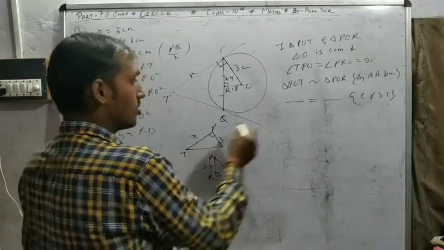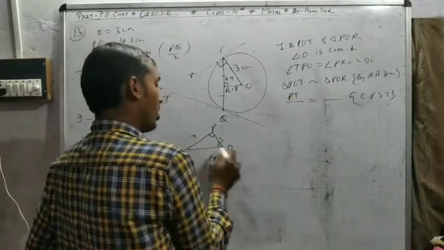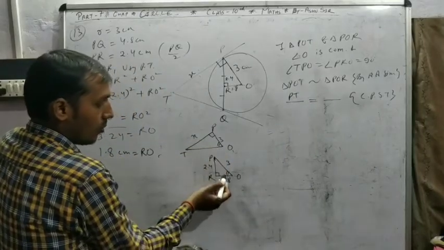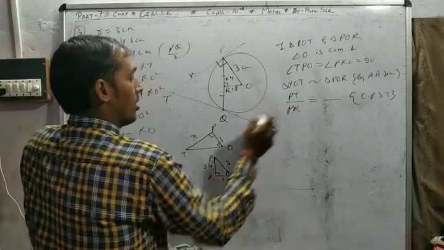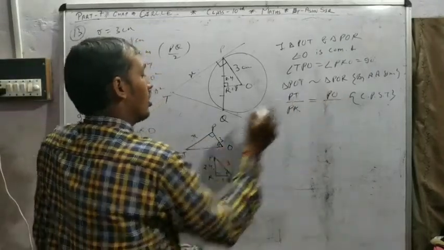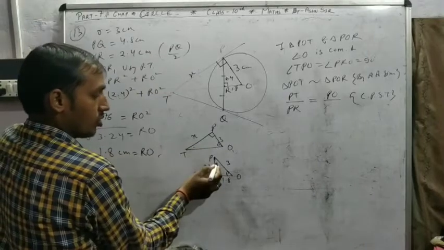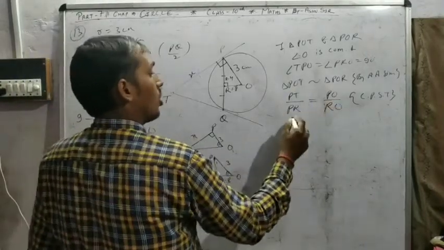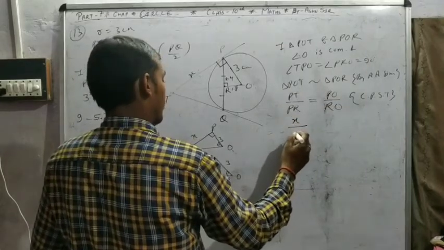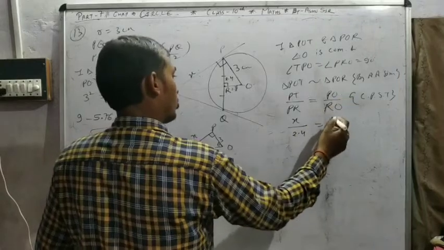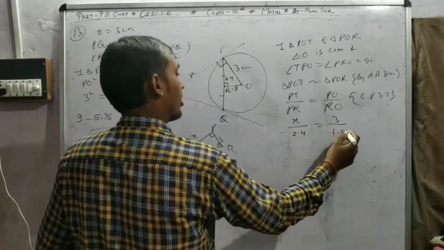If we take PT, because we want PT, for the first triangle, the common angle is opposite PT, and opposite PR. Here we know PO, the right angle, is equal to this right angle opposite RO. Put all the values. X, 2.4, PO 3, RO 1.8.